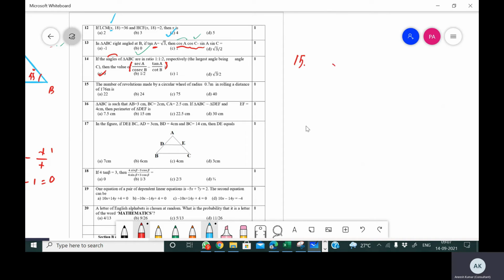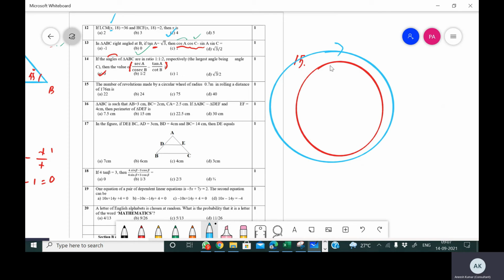Whenever a wheel in the shape of a circle rolls on a road, in one rotation or one round, it will cover a distance equal to its circumference.